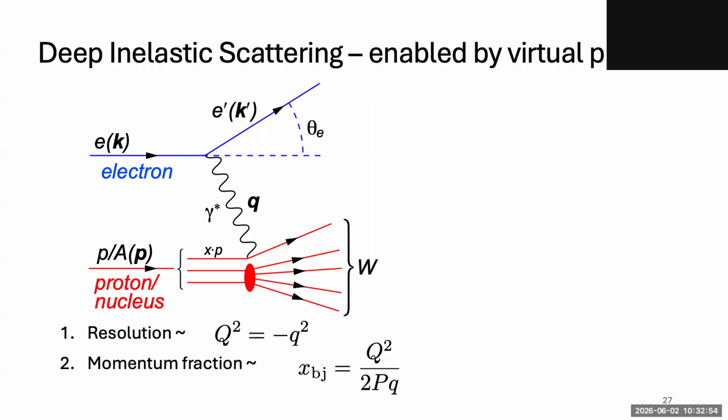I wanted to make a point here that this is important. We need two variables instead of one variable. Because in the Rutherford scattering or any of this elastic scattering, only one angle is needed. The entire problem is constrained by one angle.